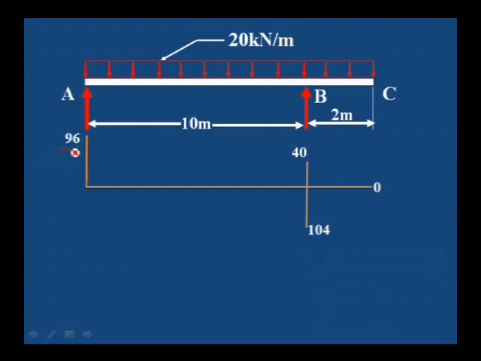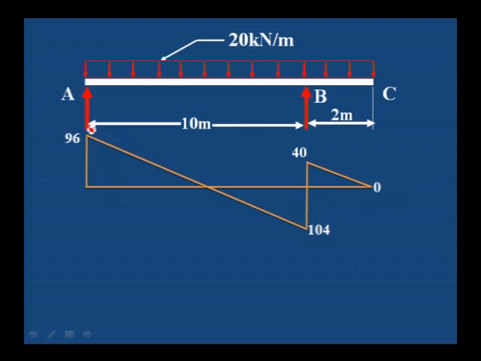And here 96 is the shear force at A. Now you have to join from A to B and then B to C.